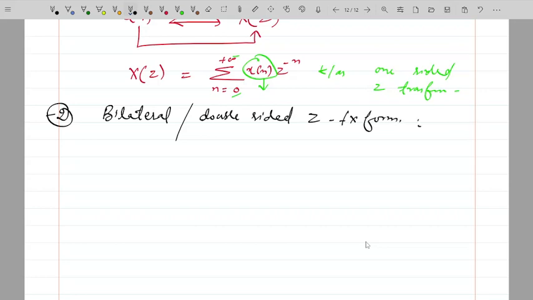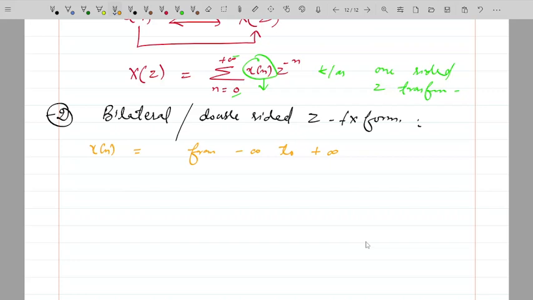For this bilateral Z transform, the discrete values of the signal that will be transformed are from minus infinity to plus infinity. All the positive and negative values of the discrete signal can be transformed or analyzed with the help of this Z transform, and that is called the bilateral transform.